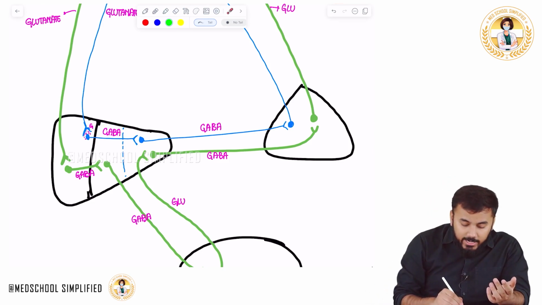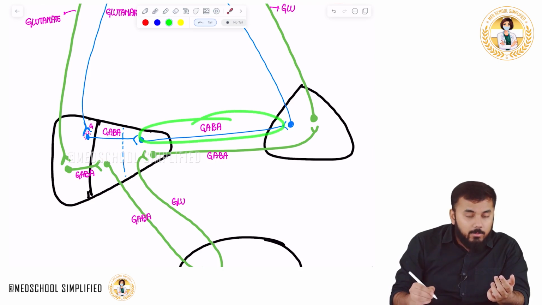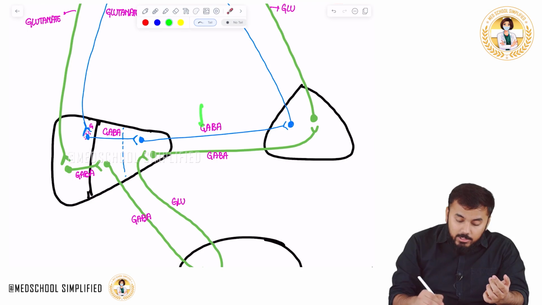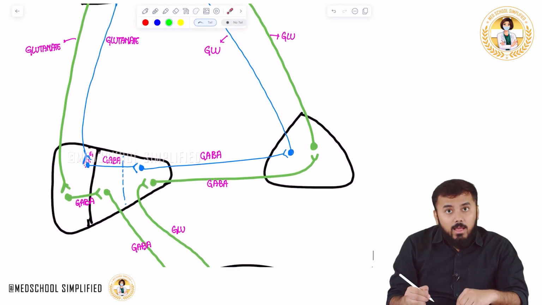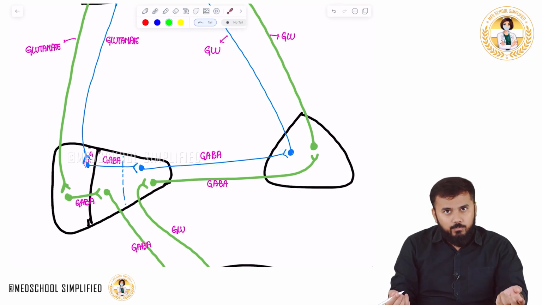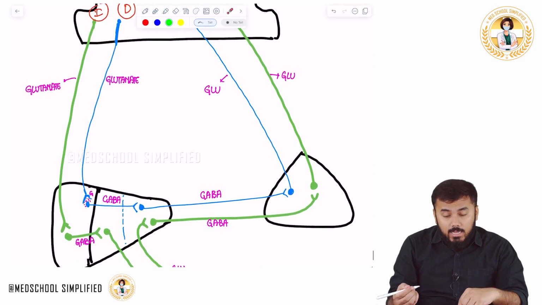So if this second neuron is releasing GABA, this second neuron will inhibit the third neuron. It means this neuron is also a GABAergic neuron, but this GABAergic neuron right now is inhibited. So if this GABAergic neuron is inhibited, what will happen? Do you think it is going to release any kind of neurotransmitter? No.